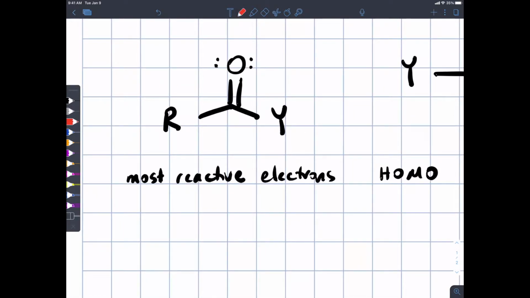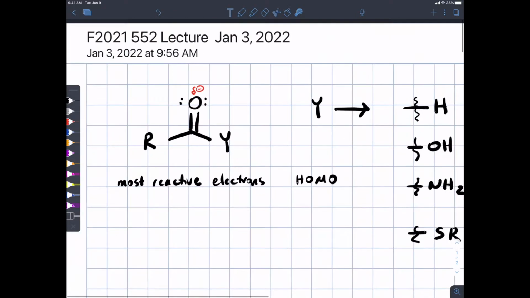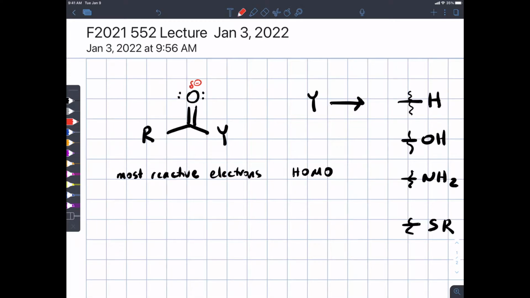Well, you know oxygen's more electronegative than carbon, and so that adds to our conclusion that the most reactive nucleophilic part of this molecule is the carbonyl oxygen. So let's just be clear, lone pairs on oxygen are the highest occupied molecular orbital. This means that if the carbonyl compound reacts as a nucleophile, that's where it's going to react.